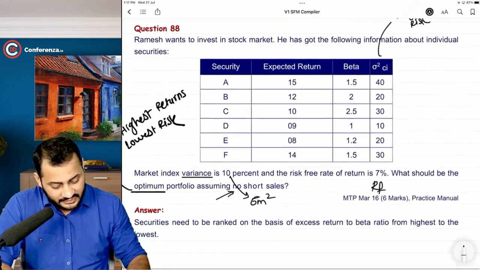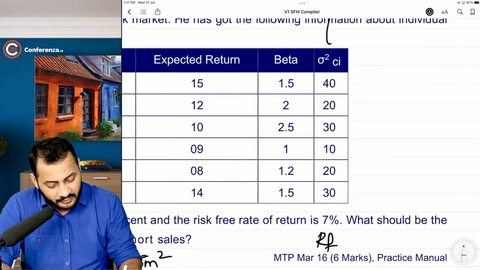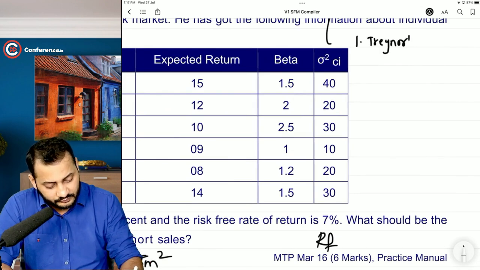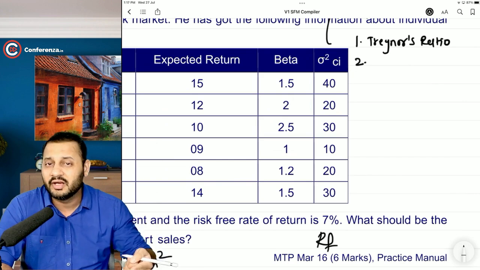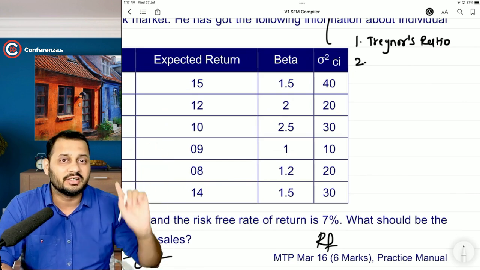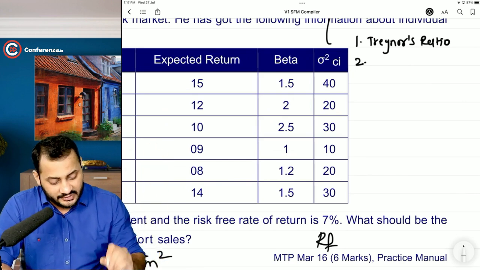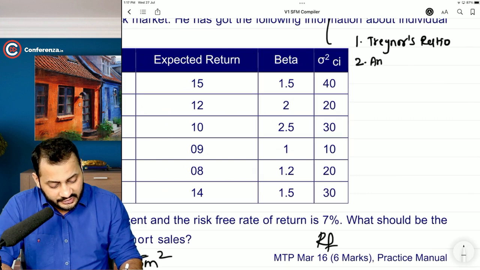So there are certain steps that you need to remember in the optimum portfolio theory. The first step is to calculate the Treynor ratio. Okay. I will just summarize all the steps here, and you should also write it just beside this table in the compiler, so that the moment you revise this question, you will understand what the steps are. First, calculate the Treynor ratio, then arrange in the descending order.